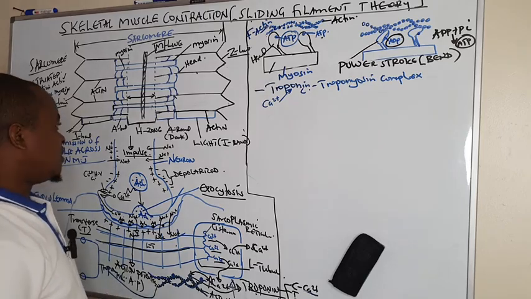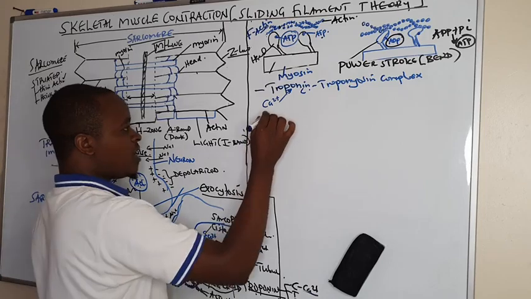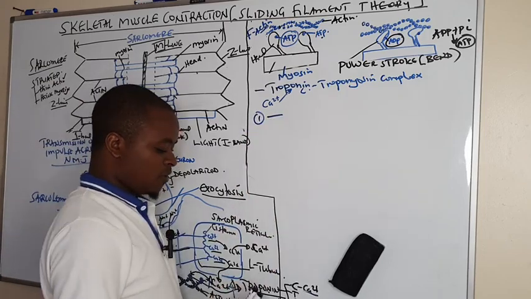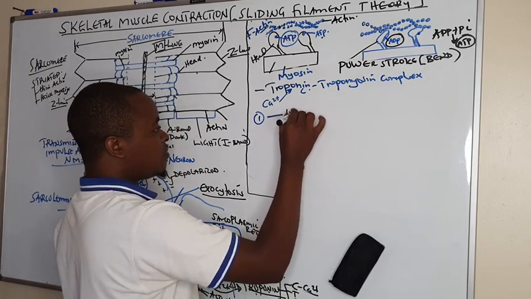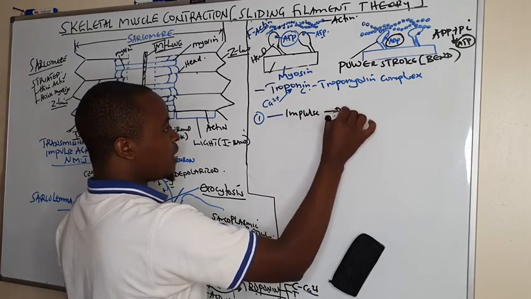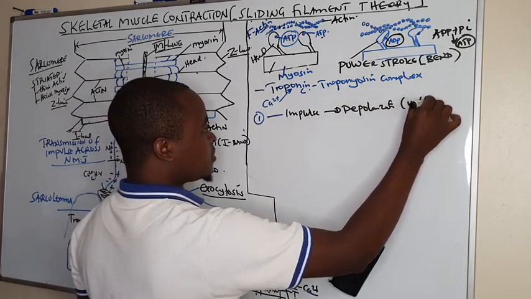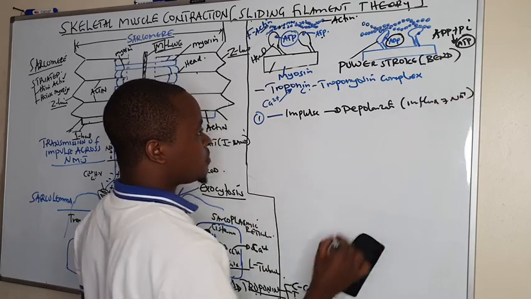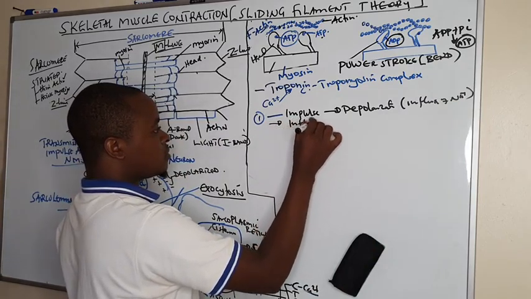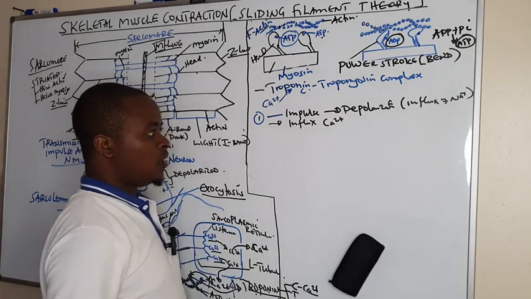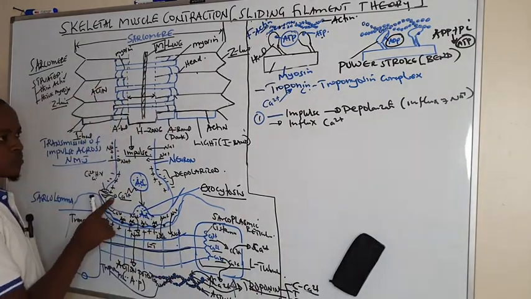And at the end, in summary, of what we have already covered, point number one, we have seen that arrival of an impulse in the neuron causes depolarization due to influx of sodium ions, and this depolarization causes influx of calcium ions by opening calcium voltage-gated channels.